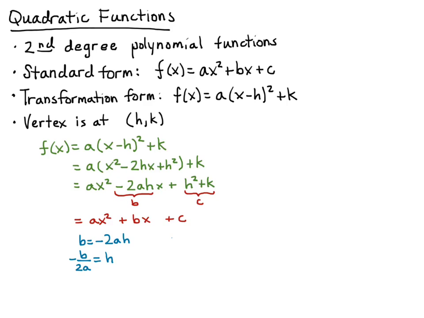So the first thing that I'll know about graphing this thing is that if I take negative 6 over 2 times a, which is 3, this is going to be negative 1. The first thing that I'll notice about it is that at negative 1, I'll have the axis of symmetry. Okay? So that's where it's going to go from a back and forth standpoint. And that's from this form, the ax squared plus bx plus c.